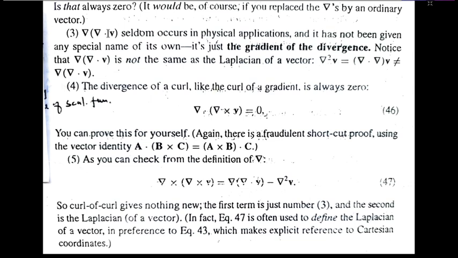So you can definitely take the gradient of a divergence, and this gives us the information on how fast the divergence function is varying in the vectorial field or vectorial space.